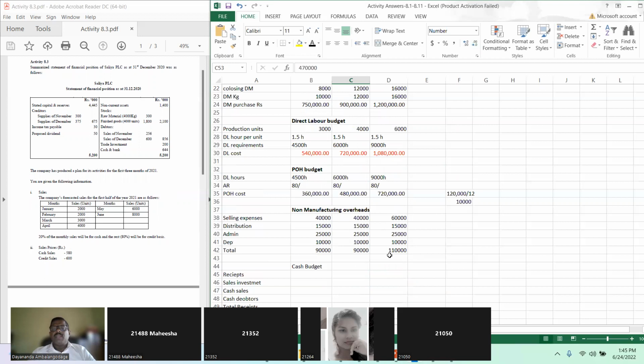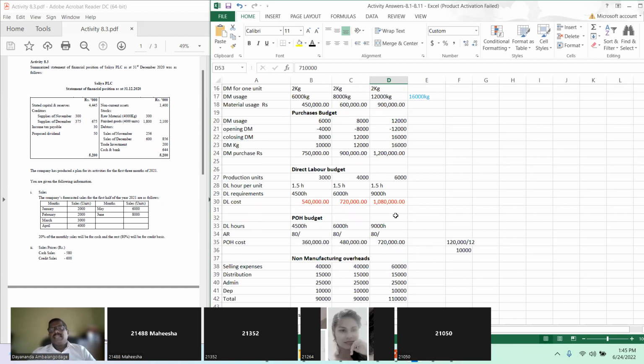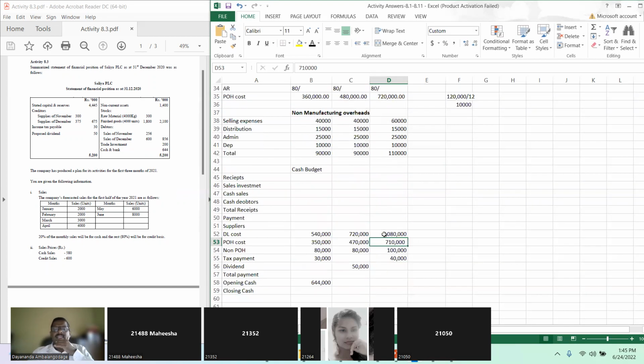You are making that payment in the same month, so without any issue you can put the amount from the direct labor budget. You can copy it, but I'm not copying it, I am just putting the traditional methods.